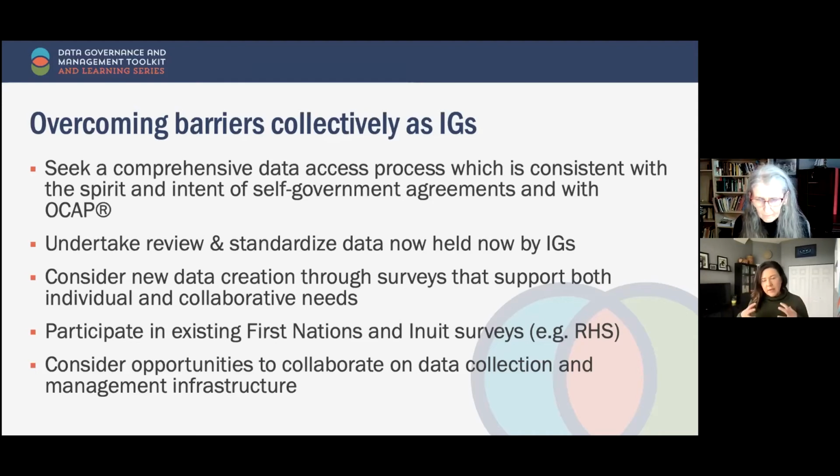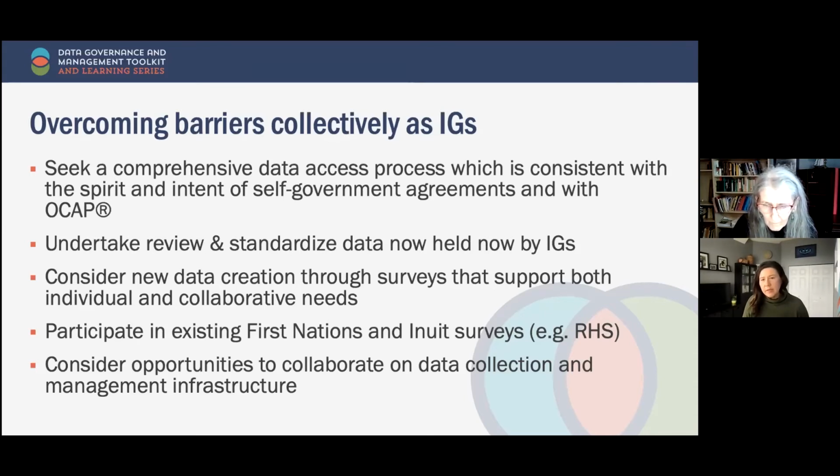That collectivity and that collaboration creates greater power and strength in addressing these barriers as a group. And then there's also work that each IG will need to do, obviously, on their own to deal with these barriers, especially as they're working with the data about their own citizens. But I just wanted to take a moment to talk about some of the things that the IGs can do as a group.